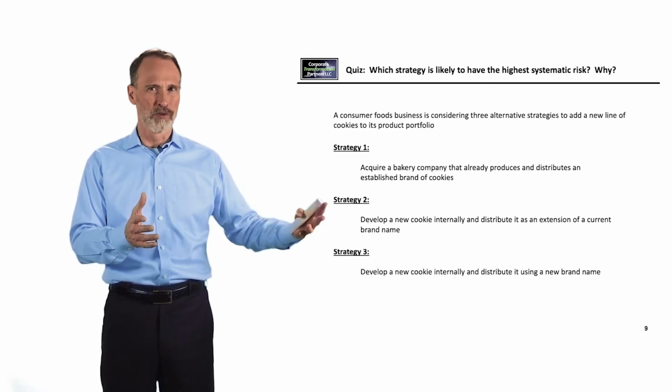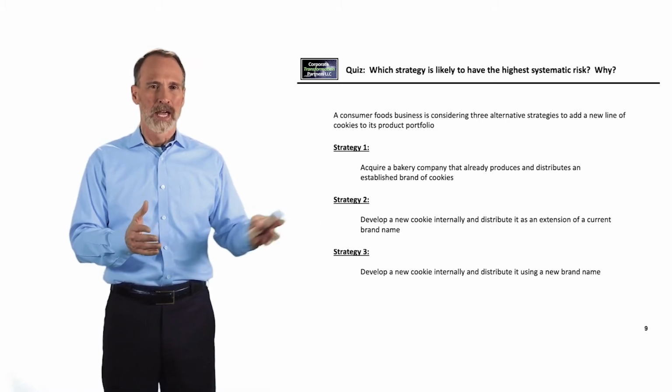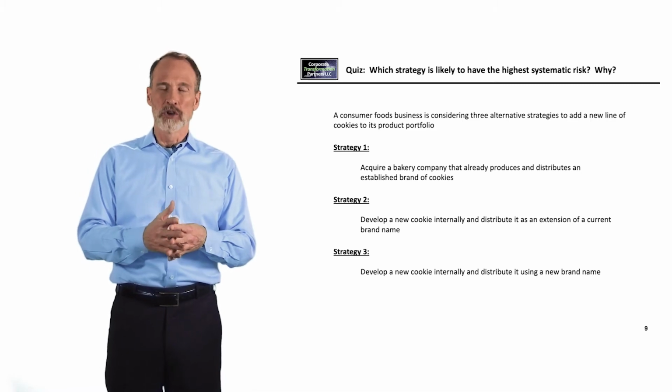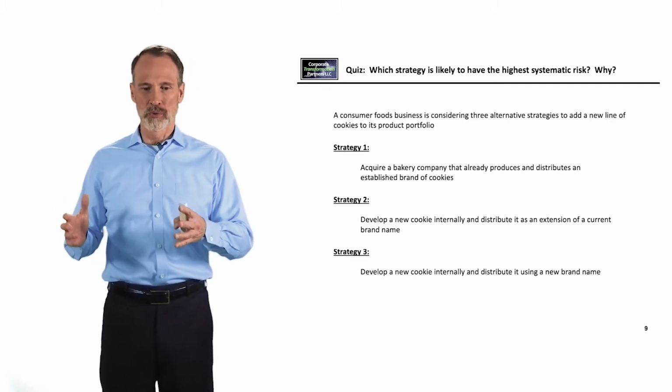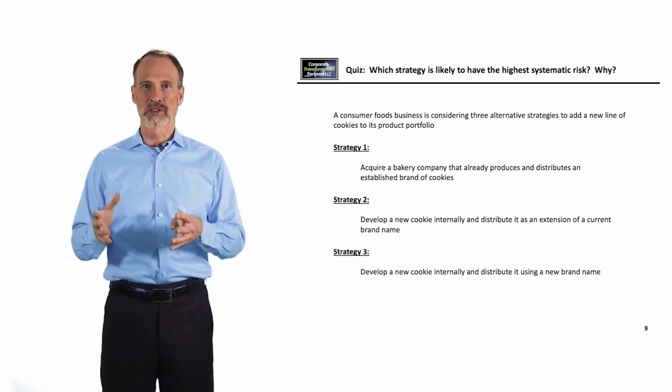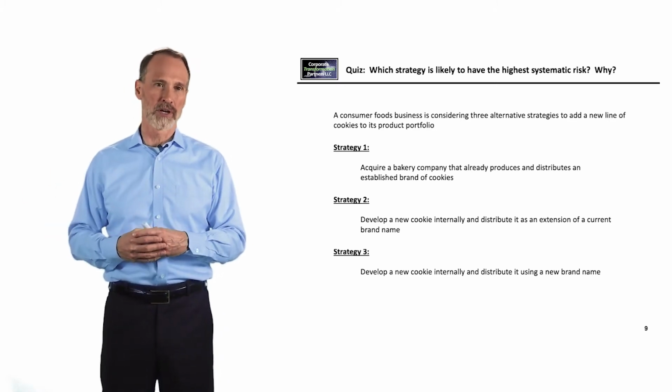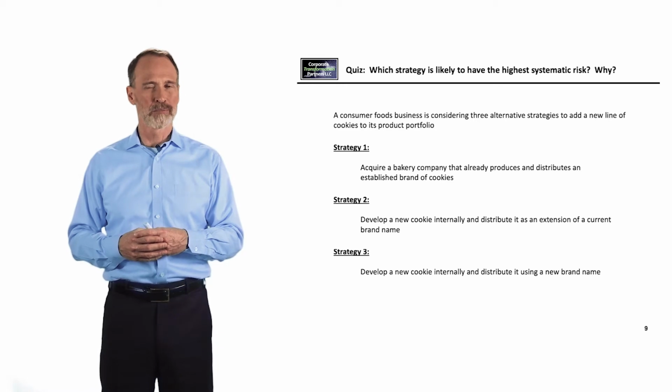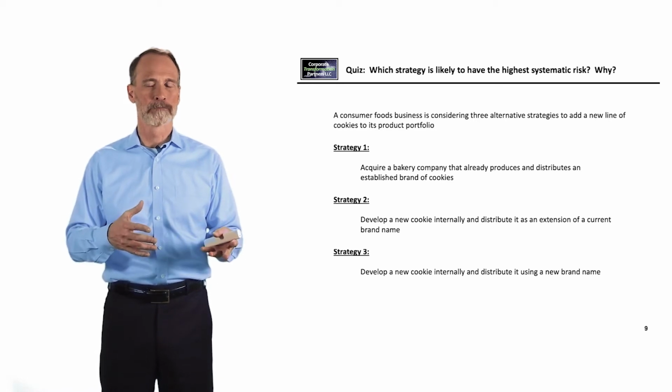Pretty clearly it's the former, right? And similarly, does putting a new brand name in place have more to do with the wherewithal of the marketing department, or does it have more to do with what happens with inflation or monetary policy? Again, pretty clearly it's the former, right?